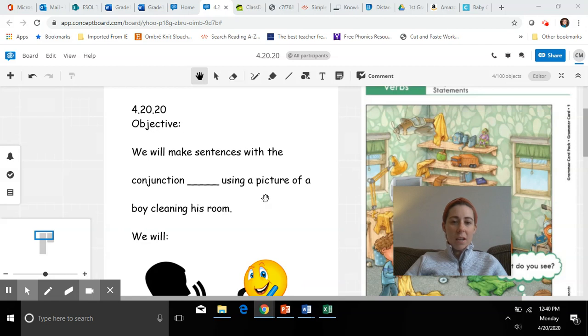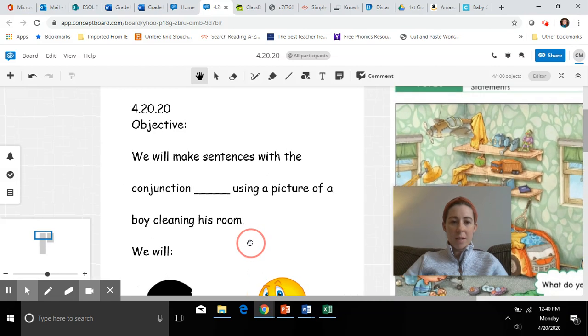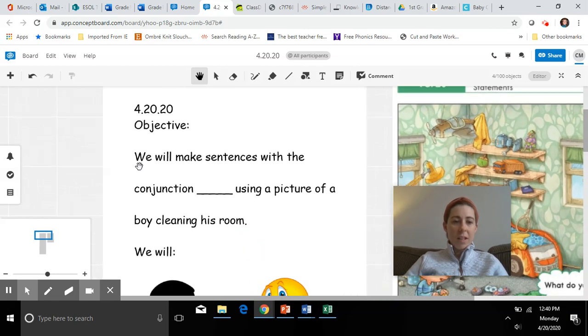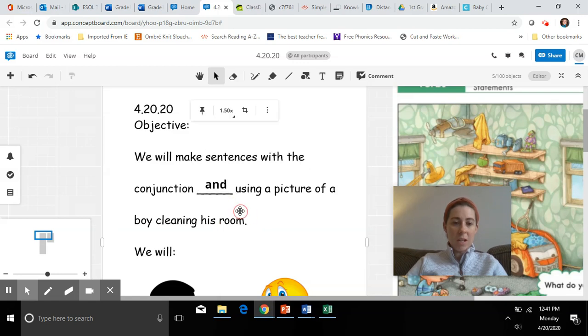So today we are going to be talking about using conjunctions. Let's take a look at our objective here. You can read along with me. We will make sentences with the conjunction and. You guys know that trick word.